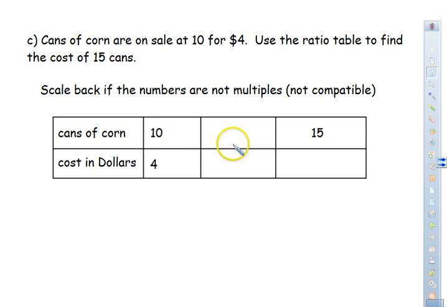Another way of doing so would be simply scaling back. So let's scale back to a number that would still have 10 as one of its multiples. For example, if we scale back to 5, it's half of 10. Half of 4 would be 2. Now, does 5 go into 15?